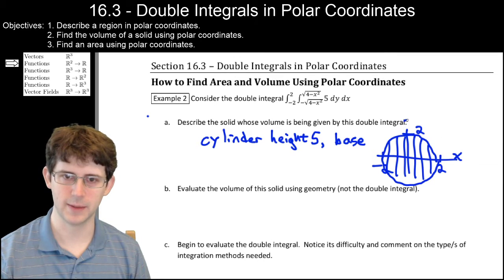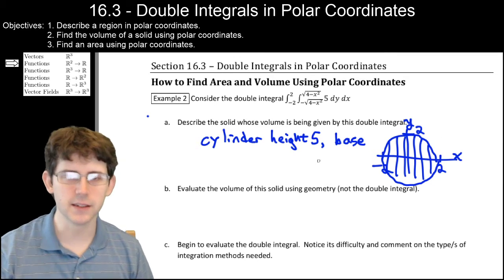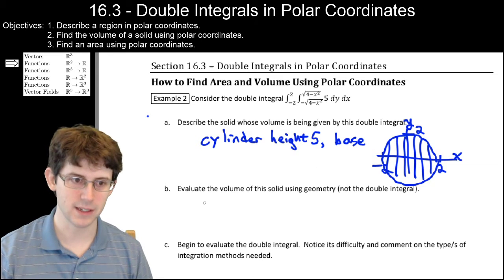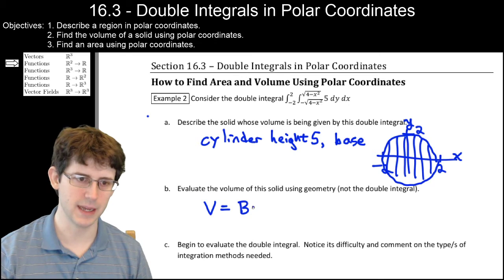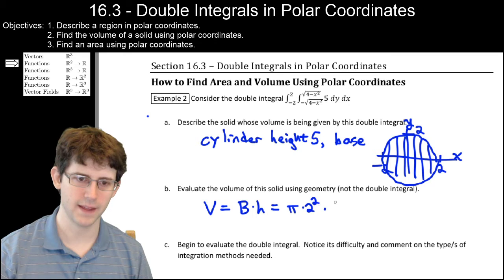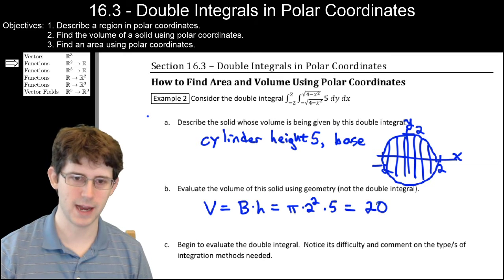So this is in the xy plane. So it's a cylinder with the base of a circle of radius 2 and the height 5. Using geometry, the volume of a cylinder is just the base times its height. The base is a circle of radius 2, and the height is 5, so it's 20 pi.